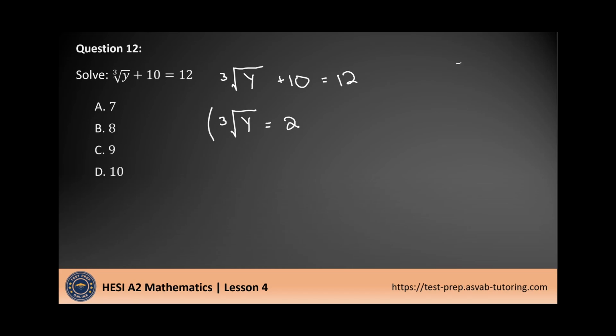Now, just like before, when we wanted to get rid of a square root, we squared. Now we want to get rid of a cubed root, so we're going to cube both sides. So cube that and cube that. These cancel out. We're left with y here, and then 2 cubed equals 2 times 2 times 2, which equals 8.